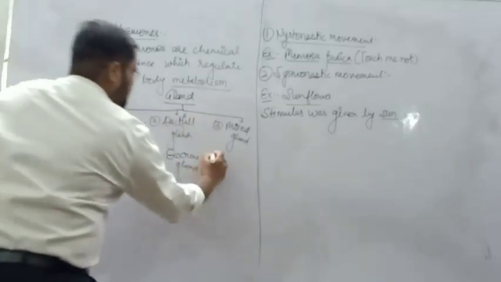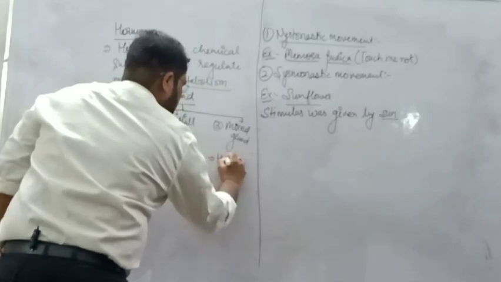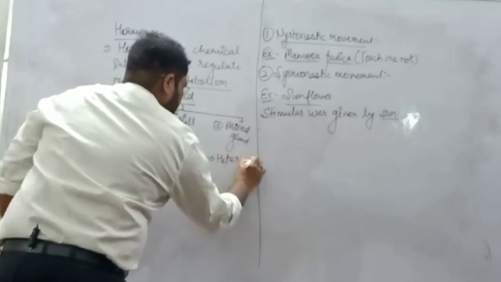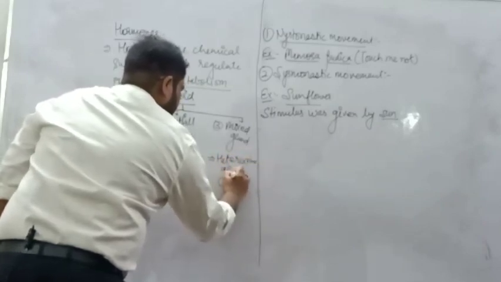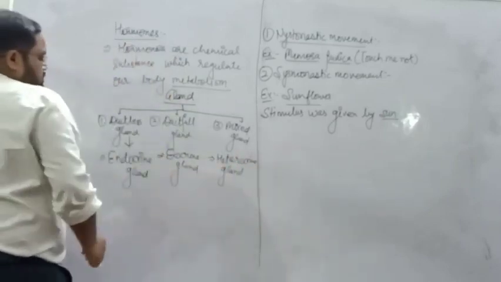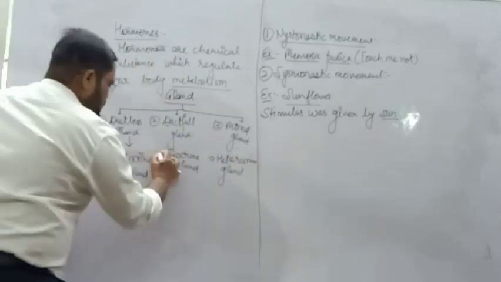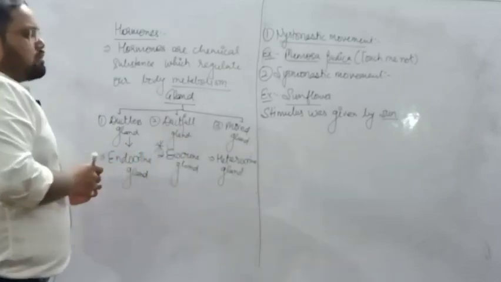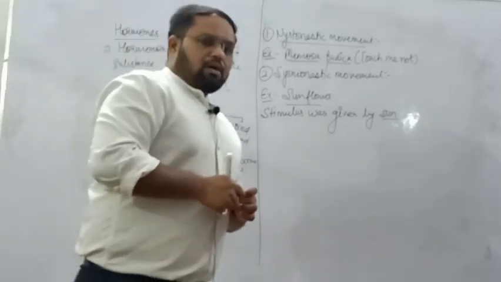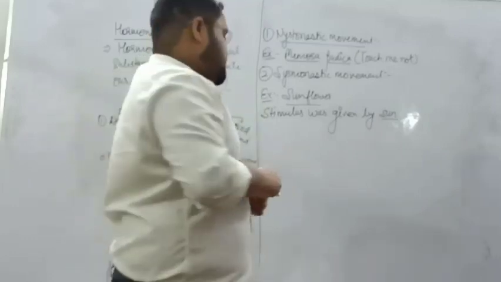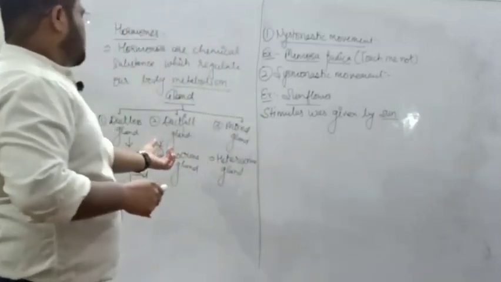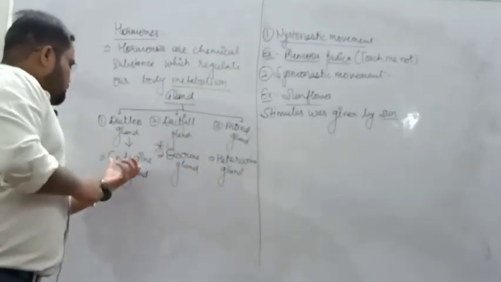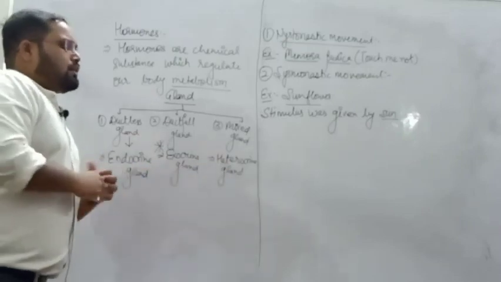Mixed gland is also called heterocrine gland. This one is also in the syllabus. Only exocrine gland is not in your syllabus. When you sit in competitive examinations, the maximum questions will come from exocrine gland. So from here, we will know endocrine gland and heterocrine gland.